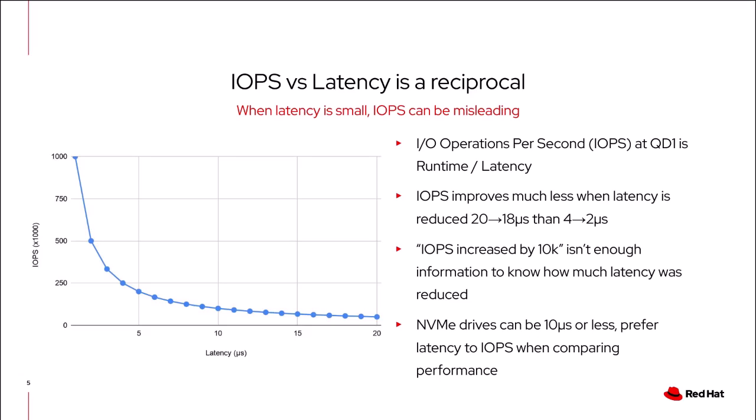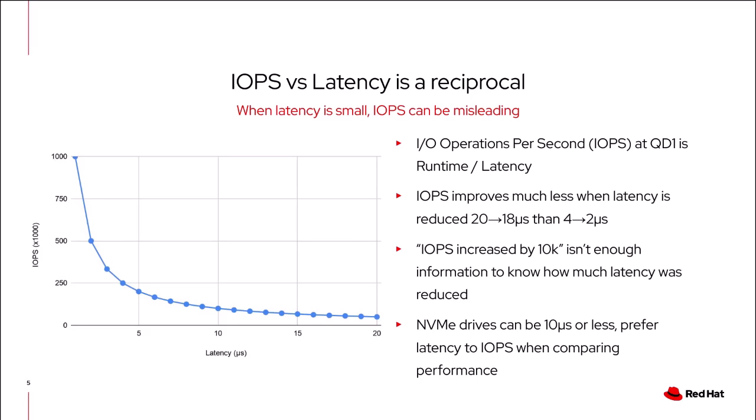So the first thing you notice is that this relationship is non-linear, right? It's not just a straight line, it is a curve. And to start investigating it, imagine that we are at the right-hand side of this curve. We're at 20 microseconds latency. That means it takes us 20 microseconds to complete our operation.